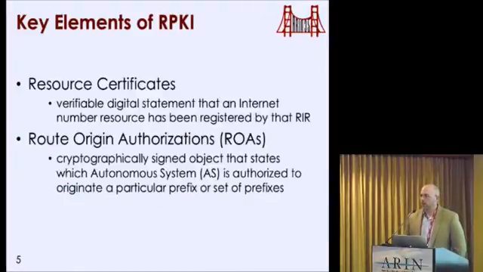The ROA, on the other hand, is a subordinate object of a CA certificate or a resource certificate. And what that does is that actually contains the authorization for routing, for route origination. And it lists the set of IP prefixes and the origin AS number for the authorization itself.